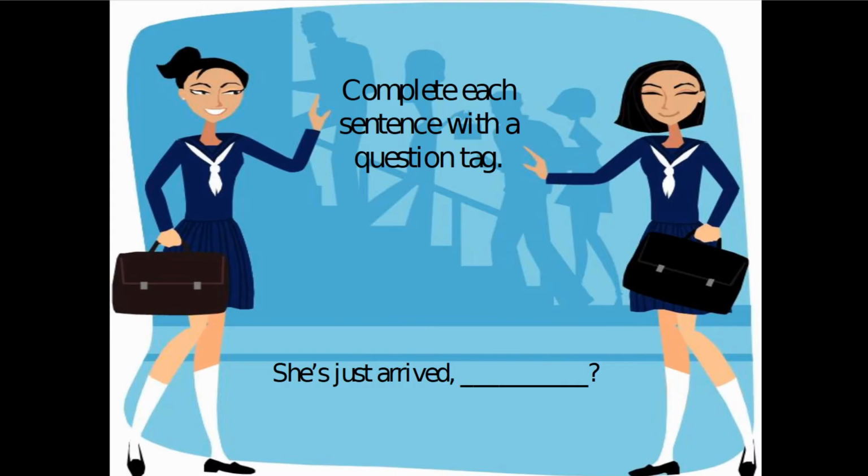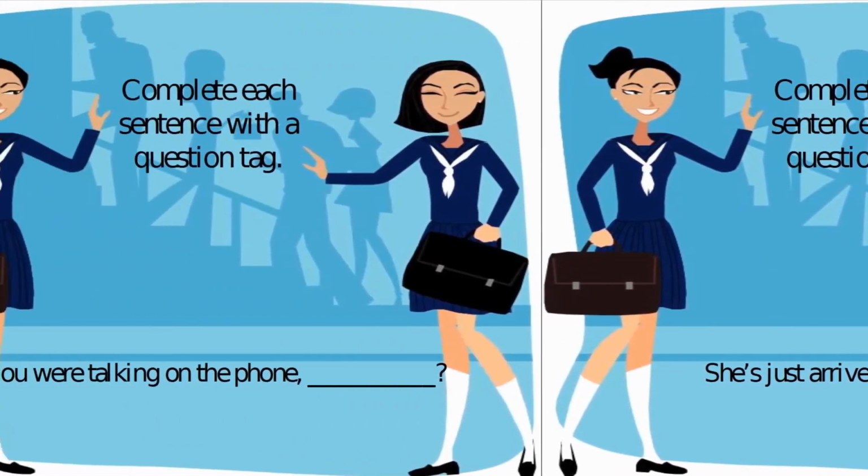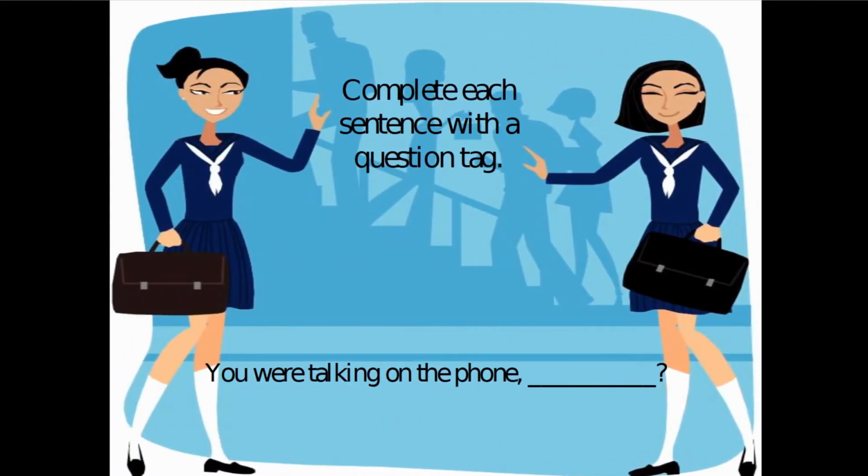She's just arrived, hasn't she? You were talking on the phone. You were talking on the phone, weren't you? Were changes to weren't.